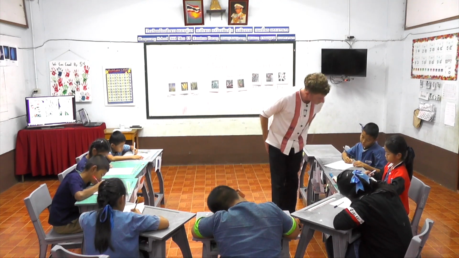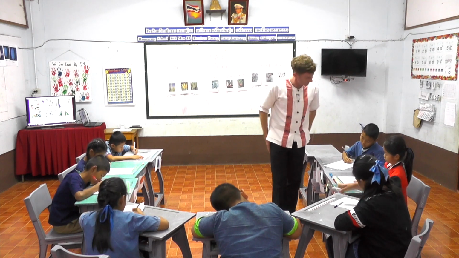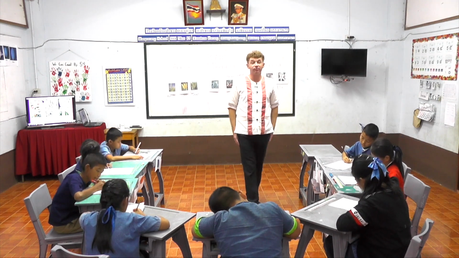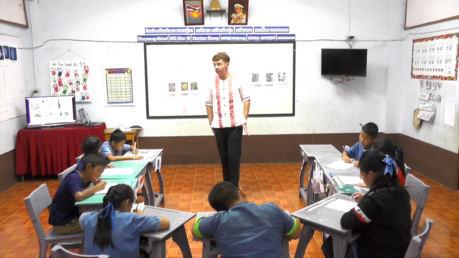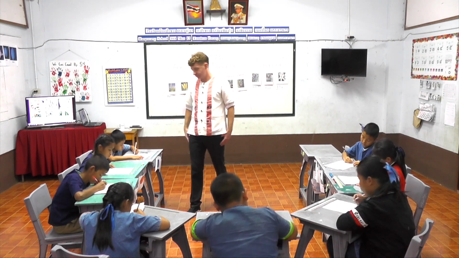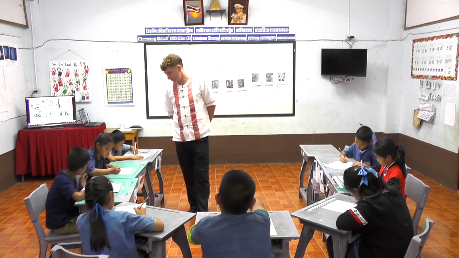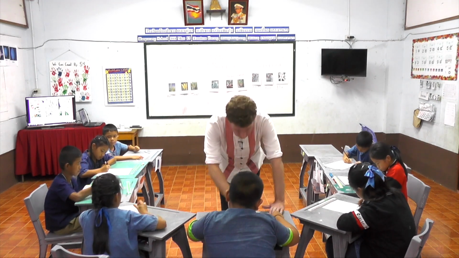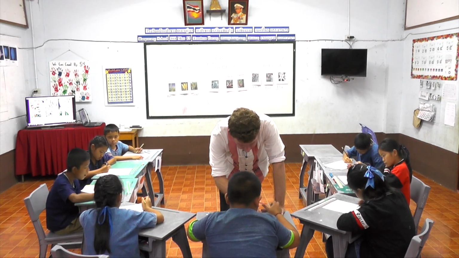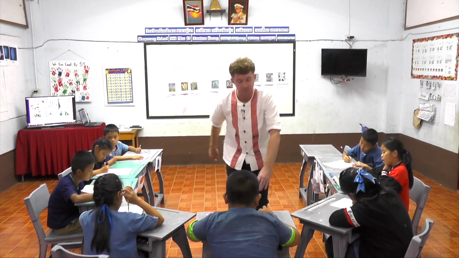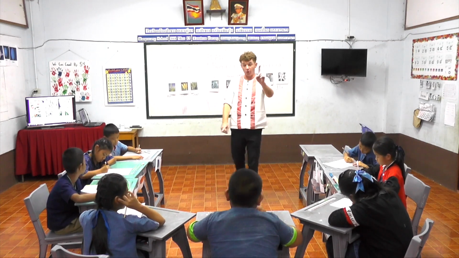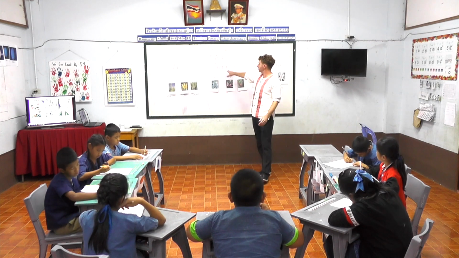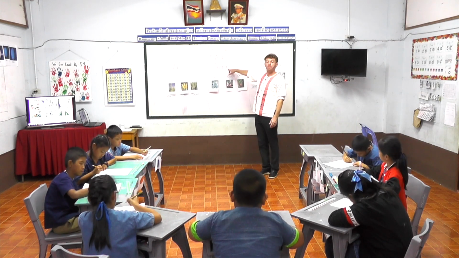So what do we think? Correct. Plants can produce flowers with many beautiful colours. So the next one, so number 3, what plant lives for 2 years? So annual, 1 year, net, 2 years, biennial.